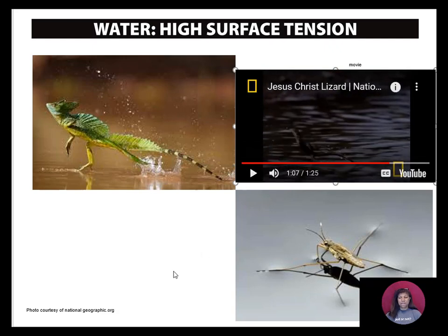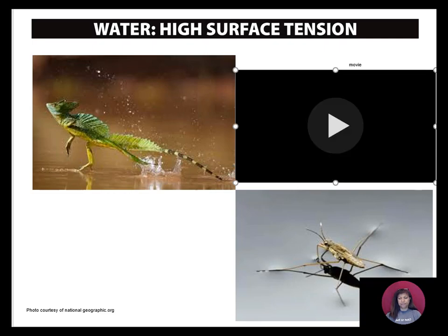Pretty neat, right? So you also are probably familiar if you've ever been to a river or a lake or a stream, where the water is very calm, you will see insects actually walking on the water. So not only can some insects walk on water, but also some large organisms can walk on water, such as this lizard. But let's look at why they can do that.